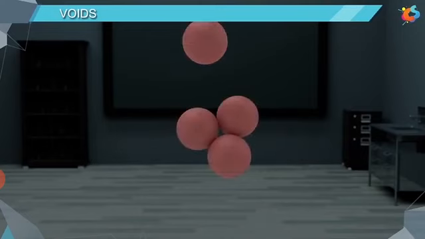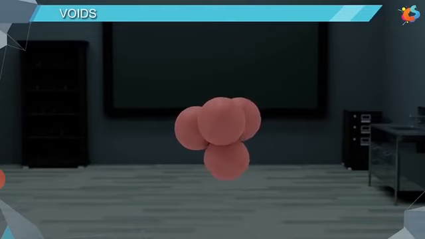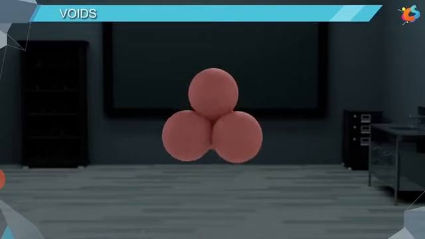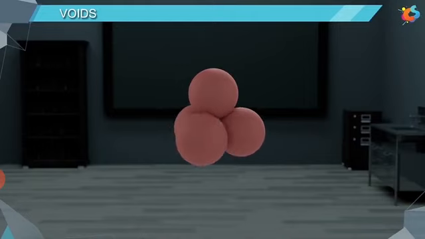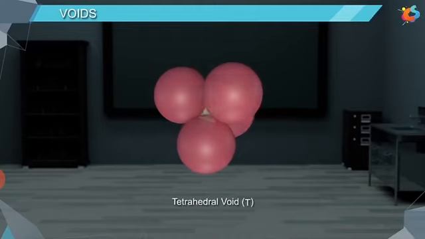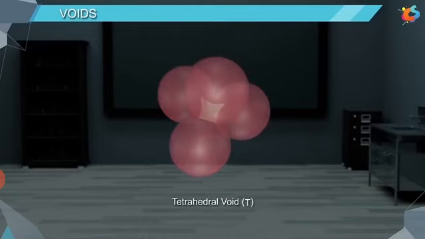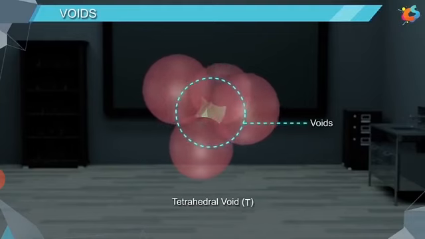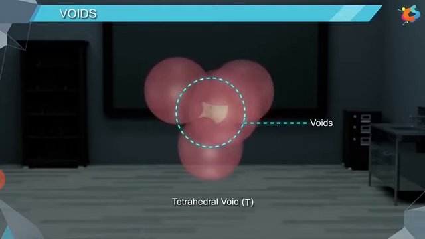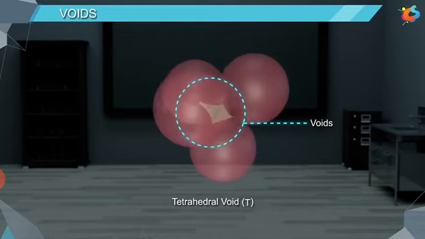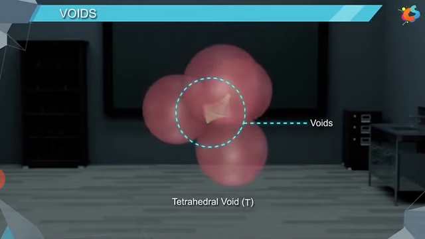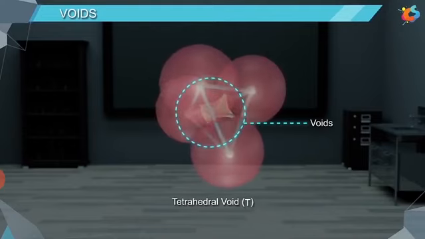The tetrahedral void is formed by placing a sphere in such a way that it covers the three spheres of the one layer, and the shape of this void is like a tetrahedron.